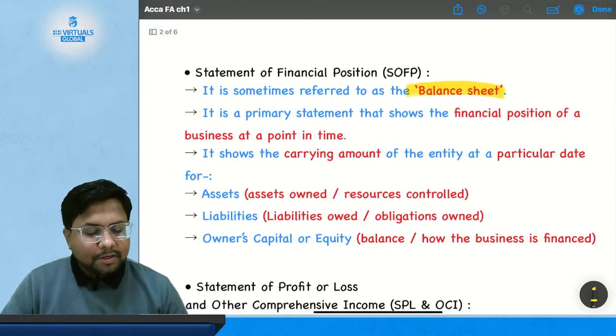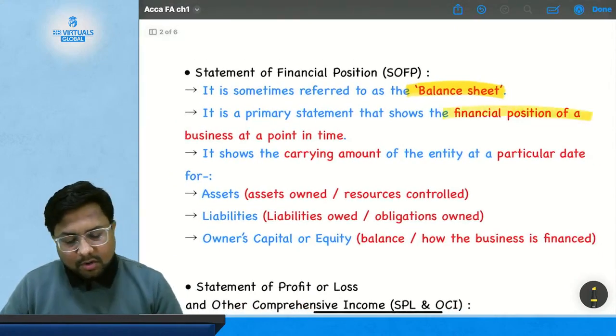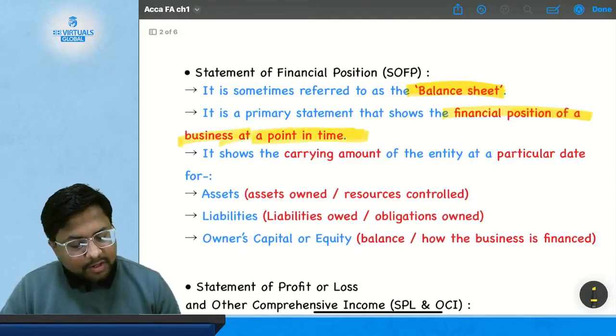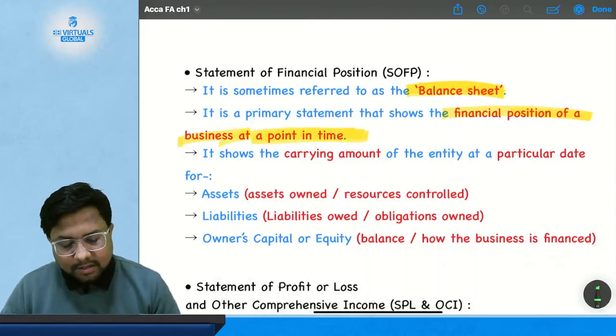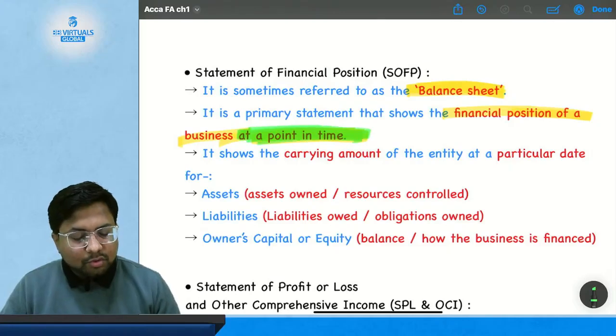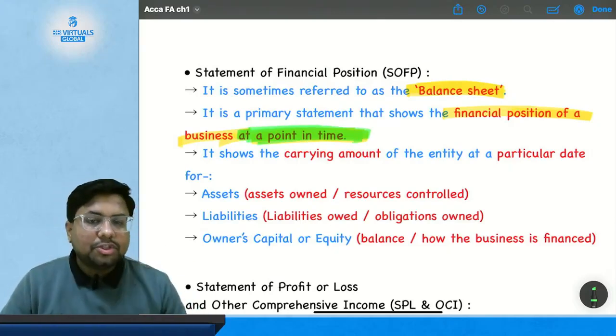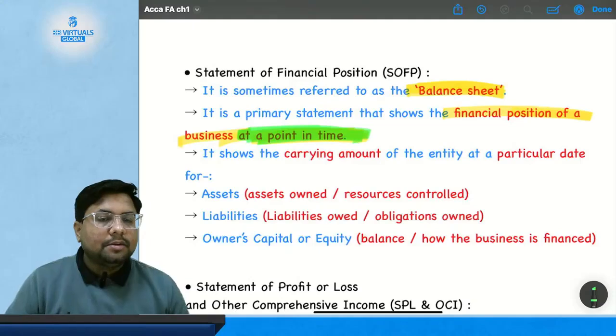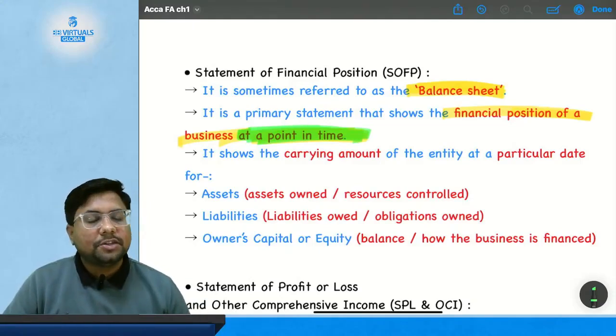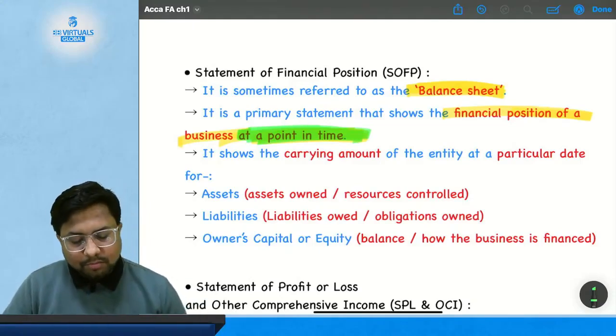It is the primary statement that shows the financial position of a business at a point of time. So what is your financial position at a point of time? That is going to be shown by the statement of financial position or balance sheet.